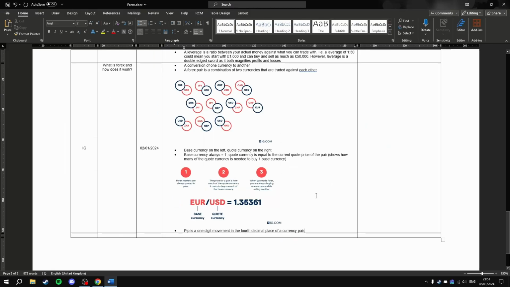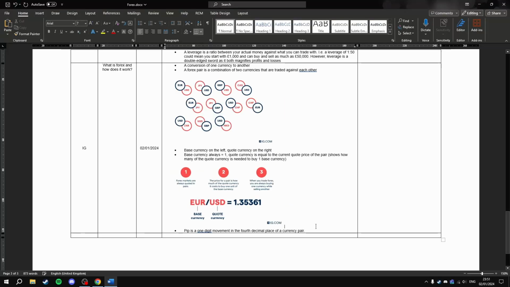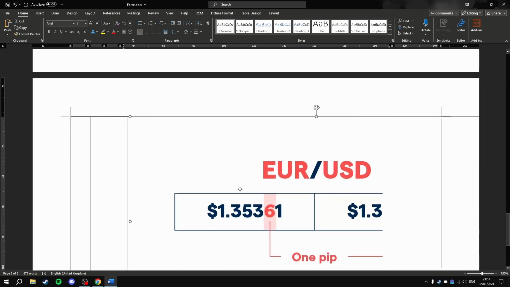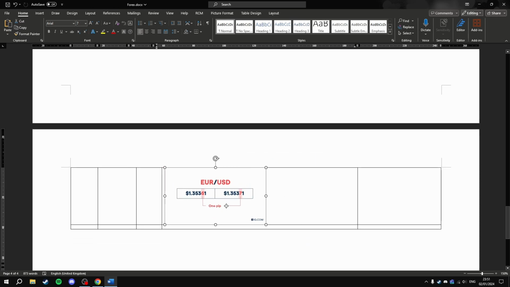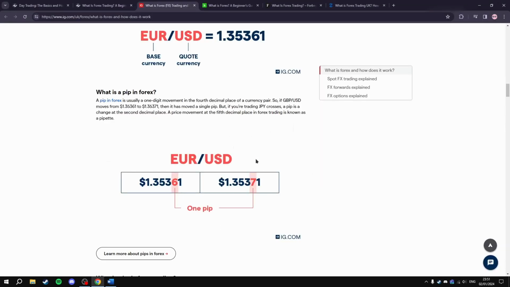Right, okay. I'm assuming crosses means the currency pair.